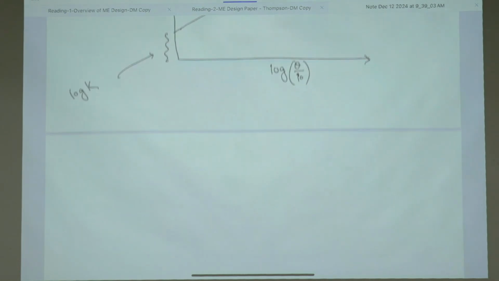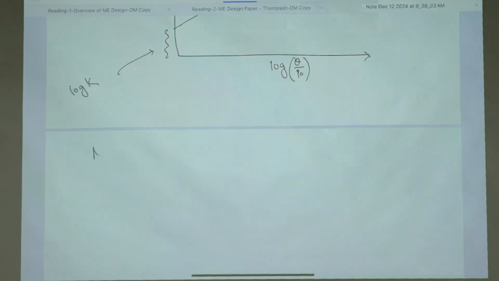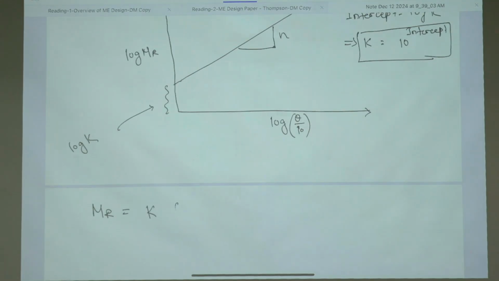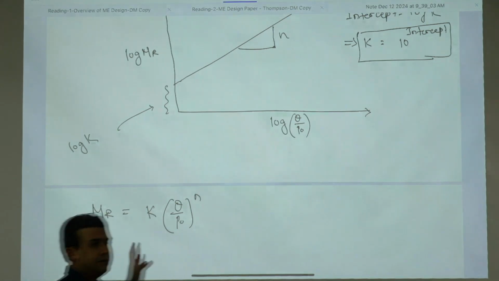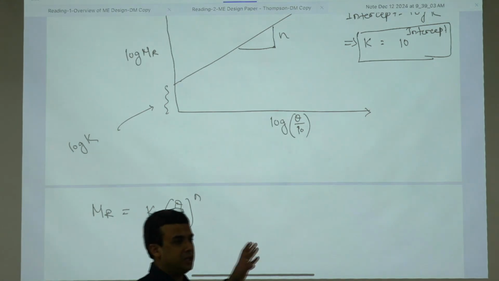So then you can write your model as MR is equal to k theta over p naught raised to the power n, and you just obtain the two numbers. That makes sense what we just did? It's just a matter of plotting the graph, and then you can check.